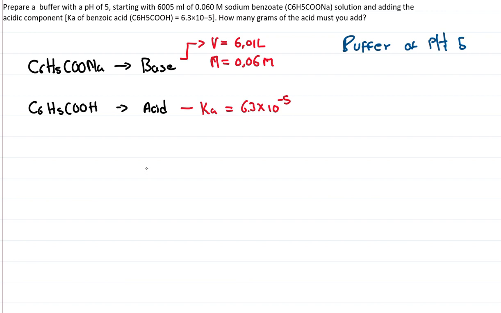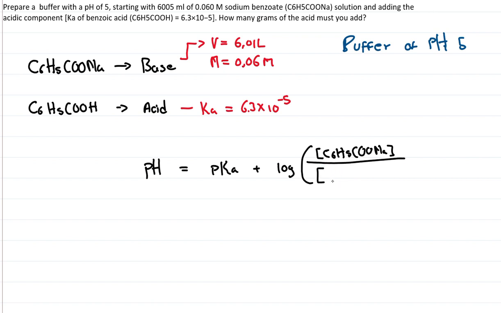So we use this equation. pH is equal to pKa plus the log of the concentration of the base, which is C6H5COO and A, divided by the concentration of the acid, C6H5COOH.